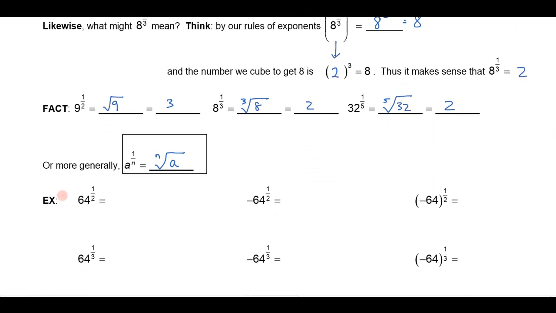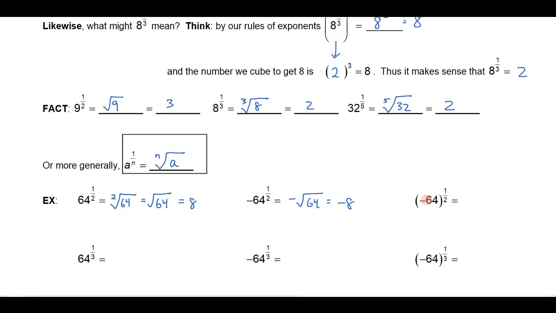If I wanted to know what 64 to the 1/2 is, I think to myself, that's the square root of 64. We don't normally write a 2 index there, we usually just write the square root of 64, but that would be 8. If I wanted the negative root, then I'd have to put the negative out front. This would be negative the square root of 64, which is negative 8.